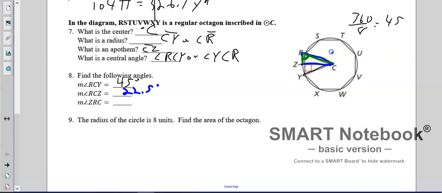Well, we know that this angle right here is 22.5. We know this and this are both 90. So if we add 90 plus 22.5, we get 112.5. And 180 minus 112.5, because there's 180 degrees in a triangle, gives us 67.5.